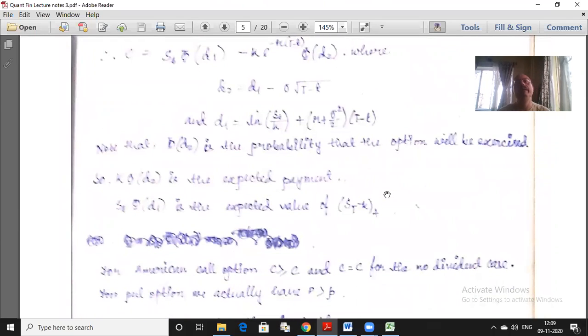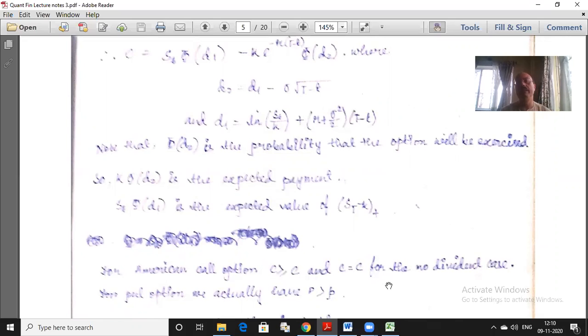If I am looking at an American call option, where I have more freedom for exercising anytime between now and capital T, in general, the value of the American call option will be greater than or equal to that of the European call. So in general, capital C will be greater than or equal to small c. Small c is the European price.